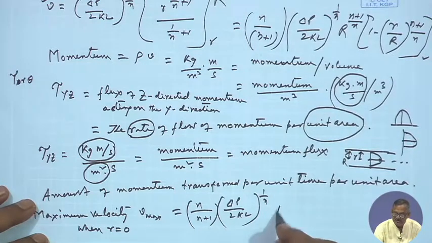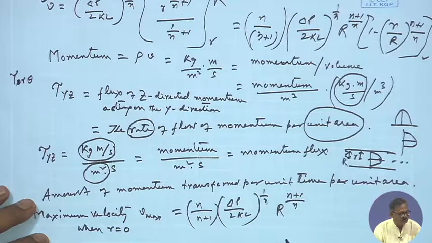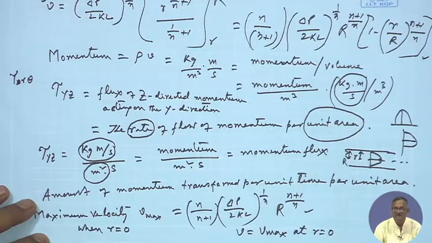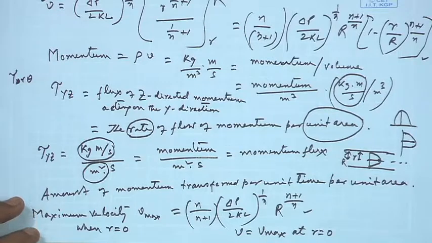So that means into r to the power n plus 1 by n. So the maximum velocity is this. So v is equal to v max at r is equal to 0. This we know and we have seen earlier in pipe flow also.